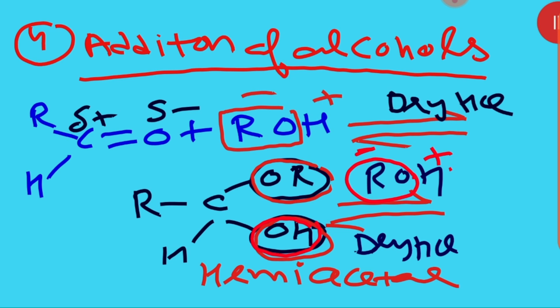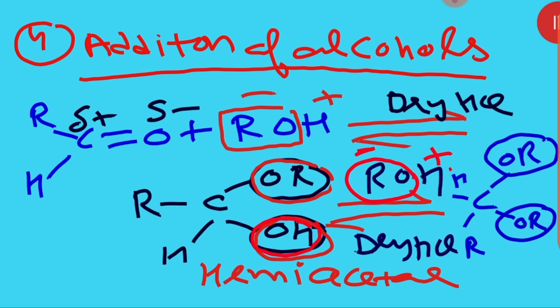Then the product will be, very carefully, here is OR and here is also OR, and the H and R remain the same. Now both are alkoxy groups on the same carbon. Two alkoxy groups on the same carbon is called an acetal.